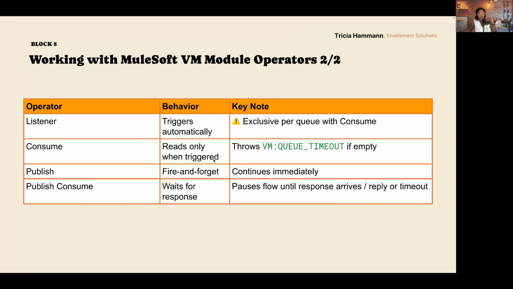And if there is no message available in the queue that is supposed to be read, it will throw a VM queue timeout error if the queue is empty. Now, the publish operator is, from my point of view, an amazing actor here, because it indeed behaves as fire and forget.